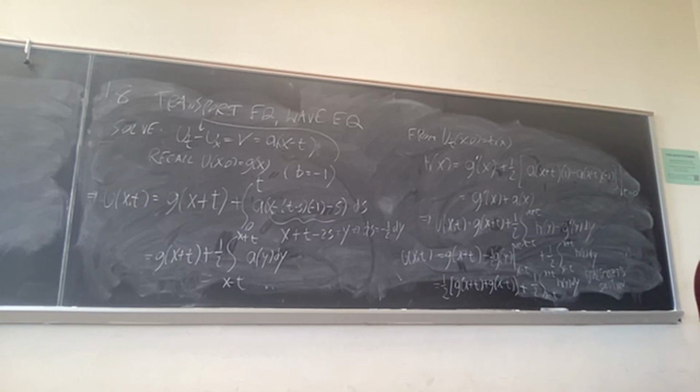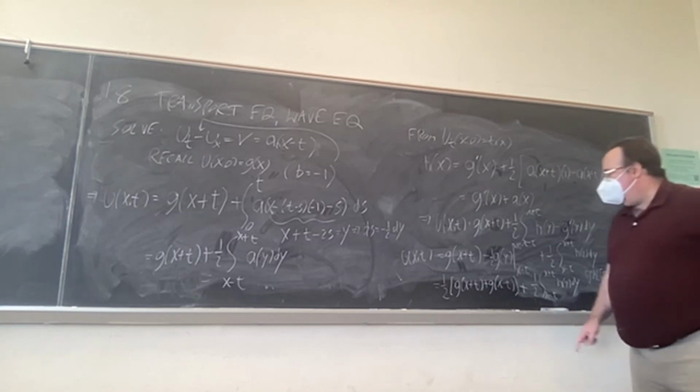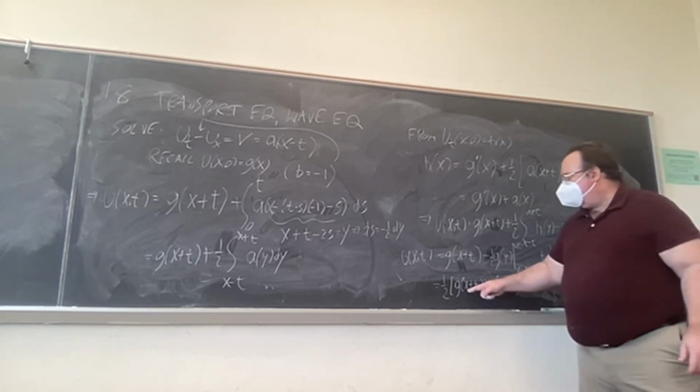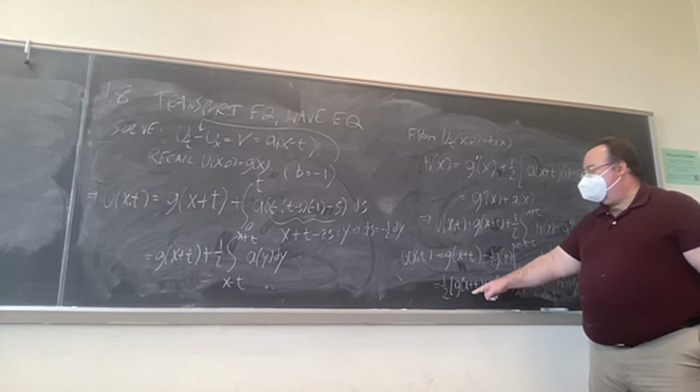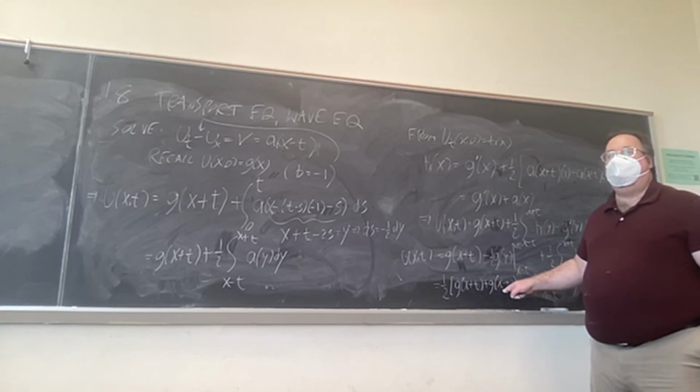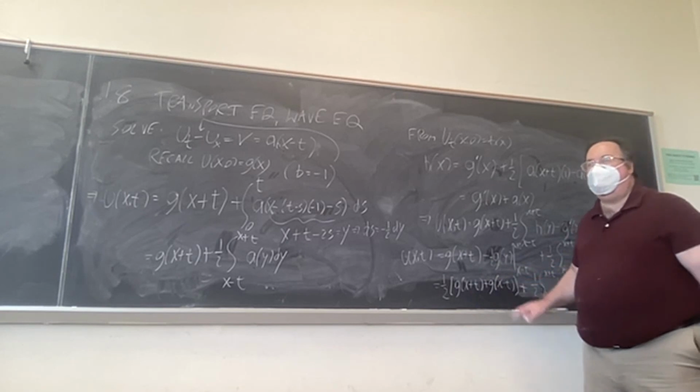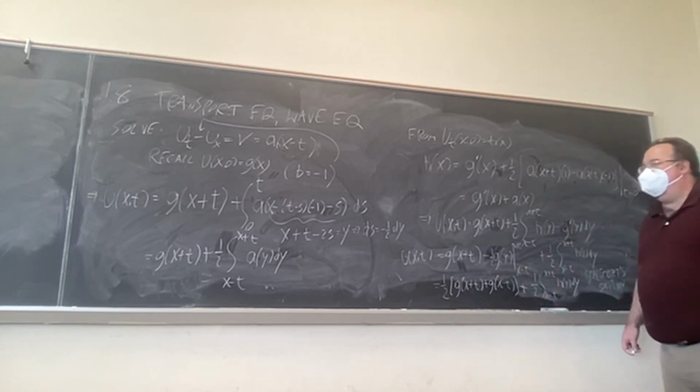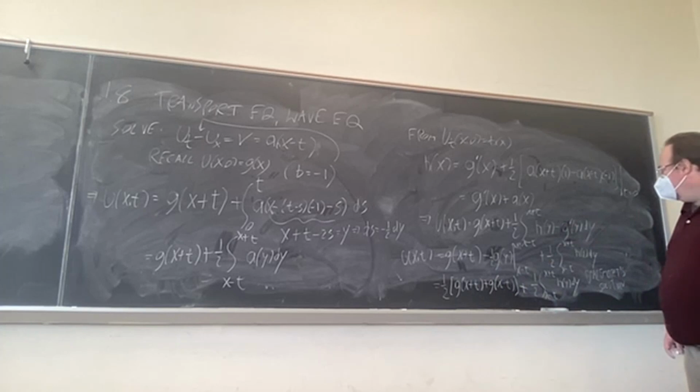Well, before I do that, what we see here is the initial data, half of it is shifted to the left with speed 1. The other half shifted to the right, also speed 1. The initial velocity is accounted for here. So just how it behaves.